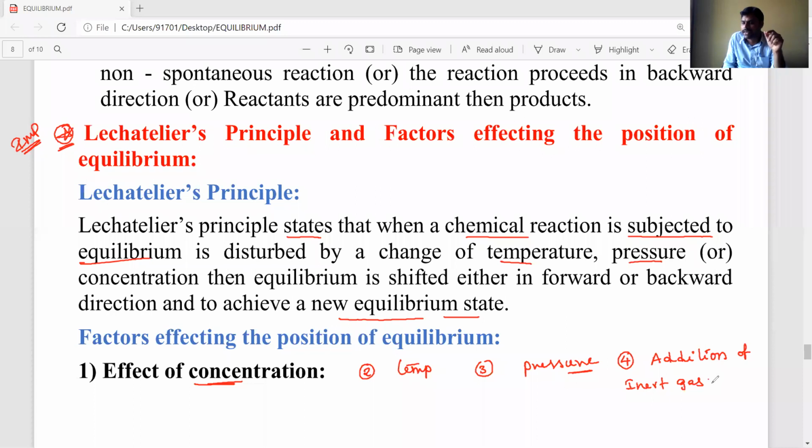Addition of inert gas also affects the position of the equilibrium state and forms a new equilibrium state, either in the forward direction or in the backward direction. So what are the main important factors affecting the position of equilibrium? One is the concentration of either reactants or products. The second is the temperature effect.